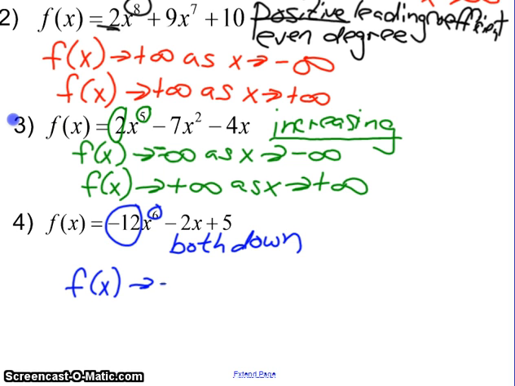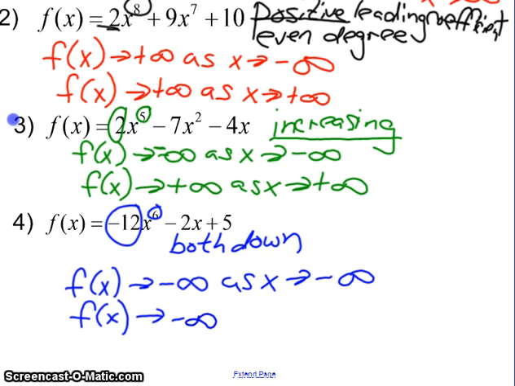That means to negative infinity. To the left means as x goes to negative infinity. Now we're going to talk about the right. f of x, both ends down, so this one's also going down to the right. That means as x approaches positive infinity.